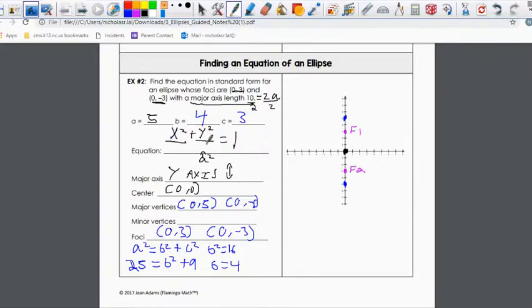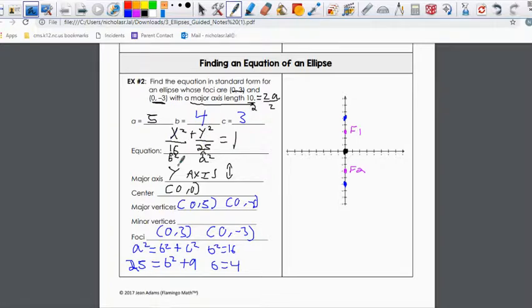So it'll be over 25, because that's a squared. And b squared is going to go under our x term, because that is the minor axis. And b squared is going to be equal to 16. So that is the equation of the ellipse.